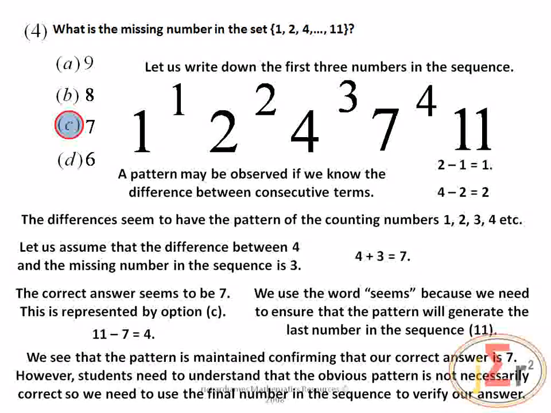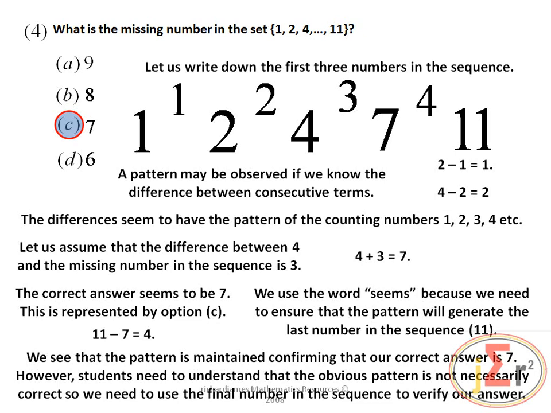However, students need to understand that the obvious pattern is not necessarily correct. So, we need to use the final number in the sequence to verify our answer. So if we are solving a problem like this and we think that we see a pattern very early, we do not conclude that that pattern is correct.